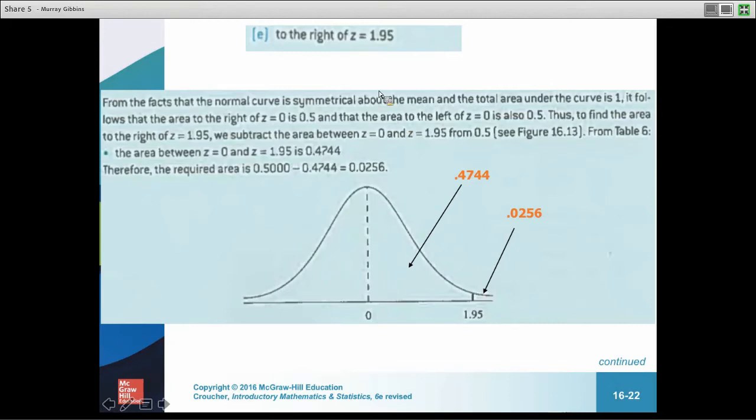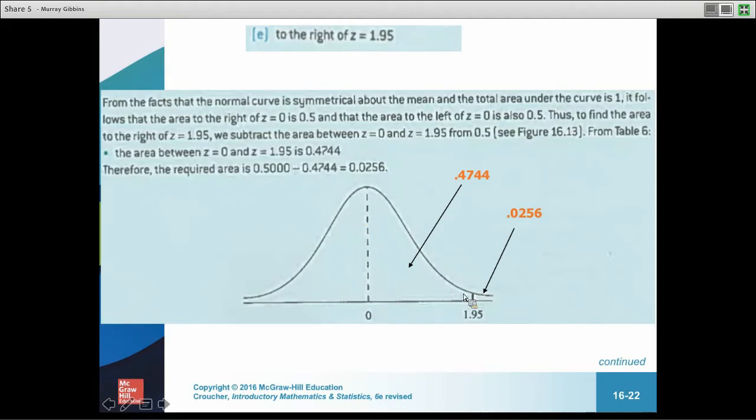Last one, it seems that it wants me to find the area to the right of a z-score of 1.95. So we're going to look up the area for 1.95, and know that the area to the right up this end must be 0.5 minus that area back to the mean of 0.4744, which is going to give me the final answer of 2.56%, or 0.0256.